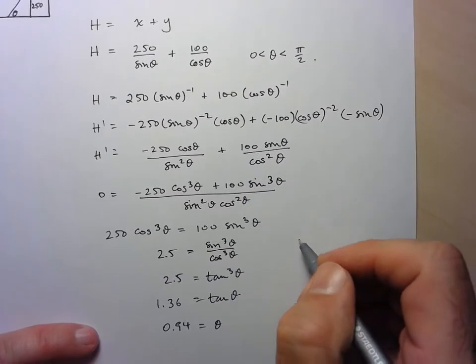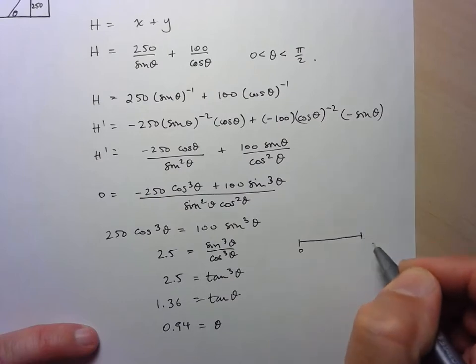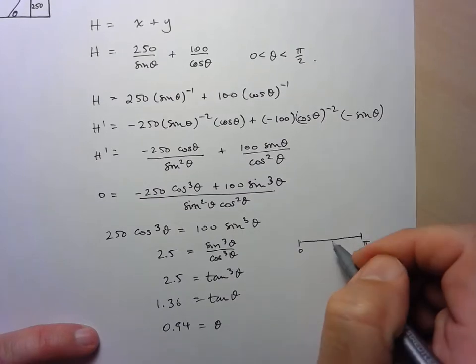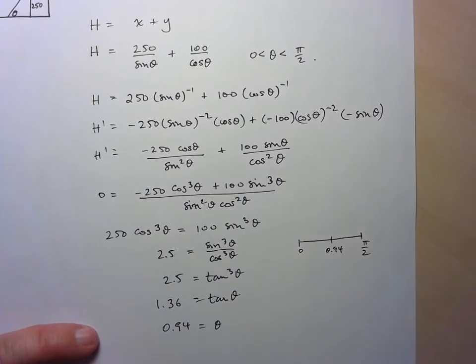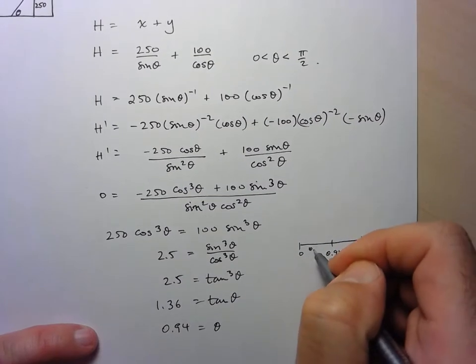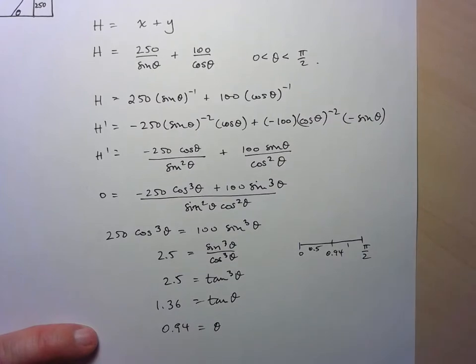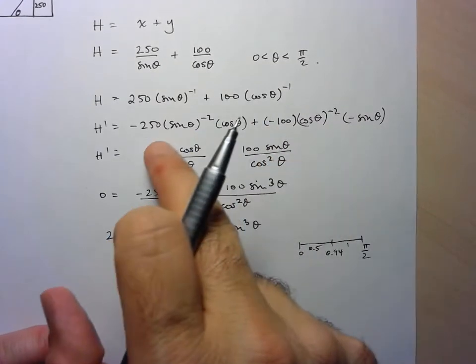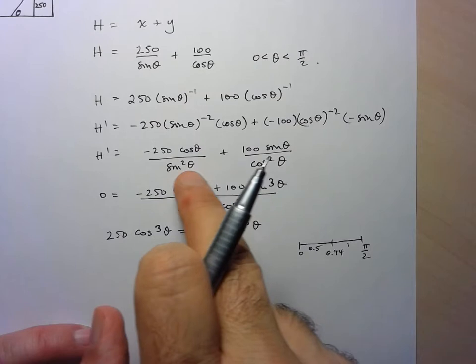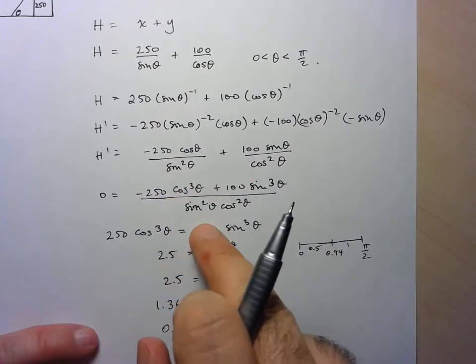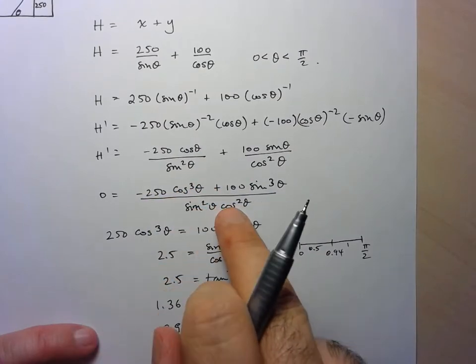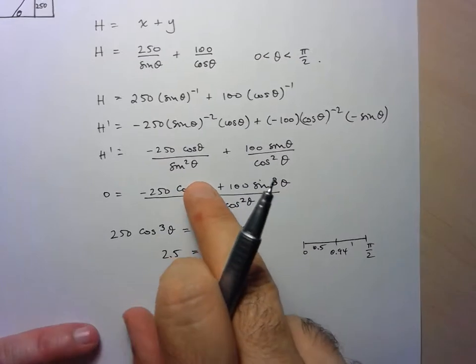So here we know we were going from 0 to pi over 2. So 0.94 is somewhere in between. Let's pick 0.5 to the left and 1 to the right. And here's my derivative, but I'll use this simplified form, because I realize that my denominator is always positive. So I just have to check the numerator.